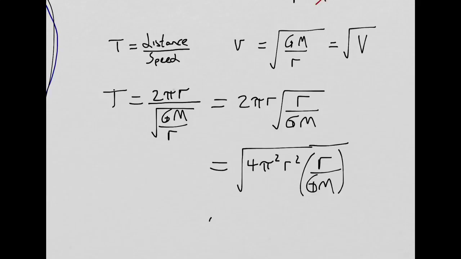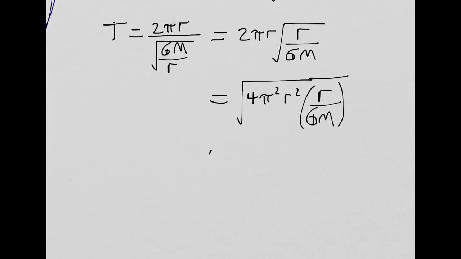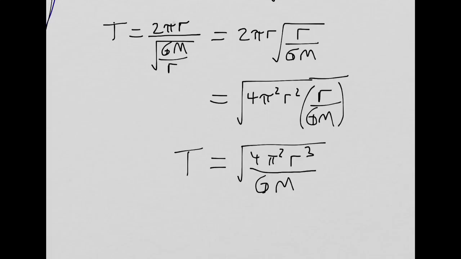We can combine the r's and we end up with a new equation that the time period for one rotation is the square root of 4 pi squared r cubed over GM. So this is an equation now for calculating the time period of one rotation.